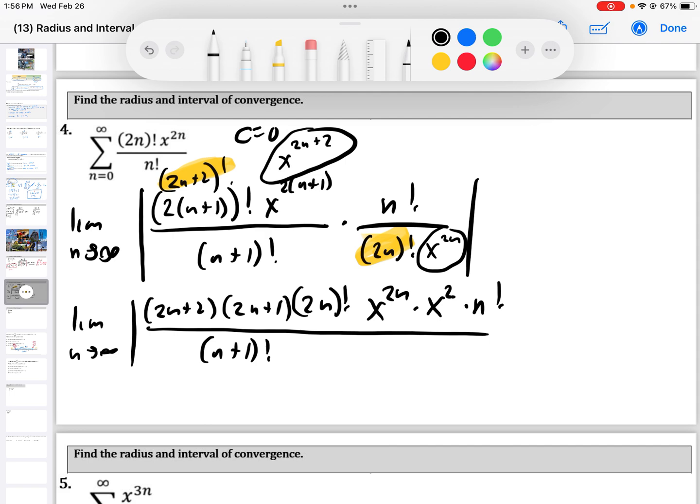The bottom, I keep it all the same. Actually no, I don't want to write it all the same, because I want to match it with this somehow. So I would write this as n plus 1 times n factorial, then times 2n factorial, x to 2n.